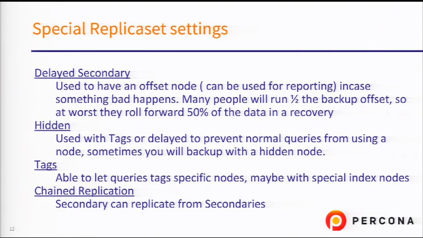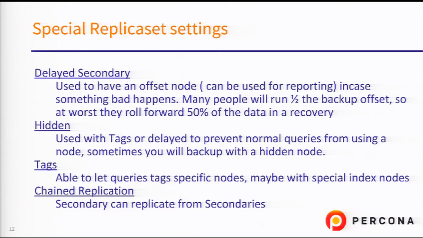And that oplog on that old secondary is still there. So you could restore any extra data that it might have on it, or you could actually go in and, before you delete those other nodes, restore those so you could get to that point in time. But the most important part is it's not a backup strategy, but it is a remediation to prevent having to do a full restore of your system.